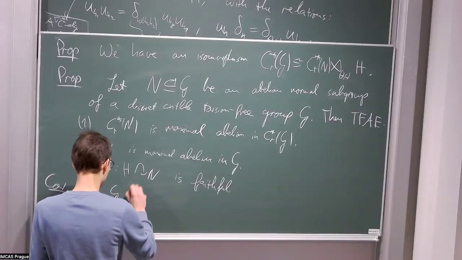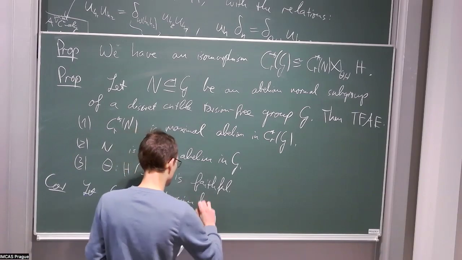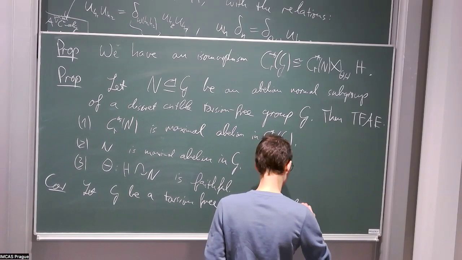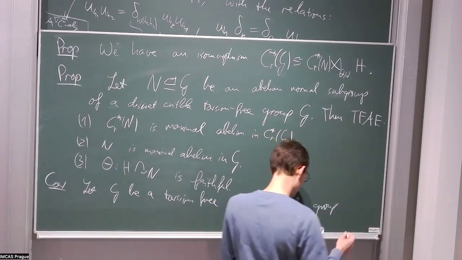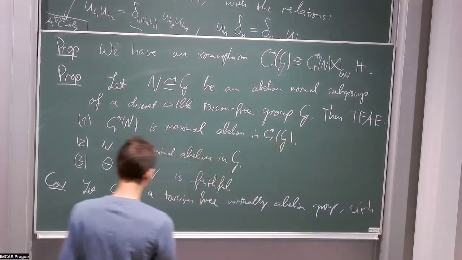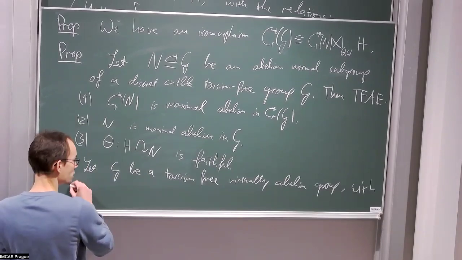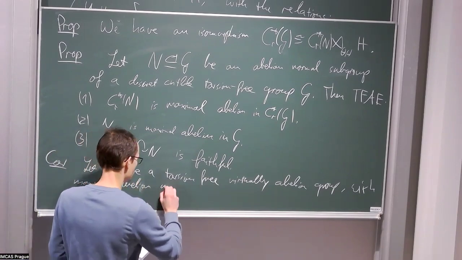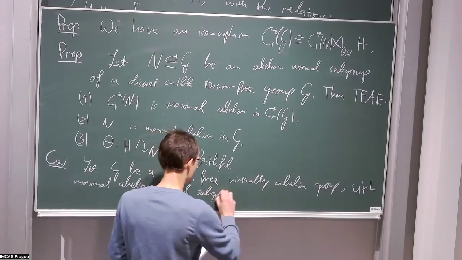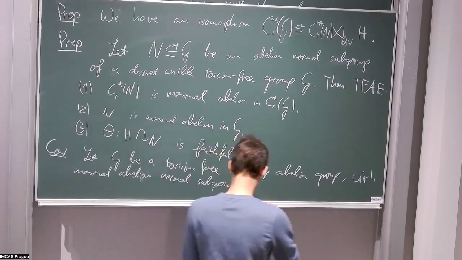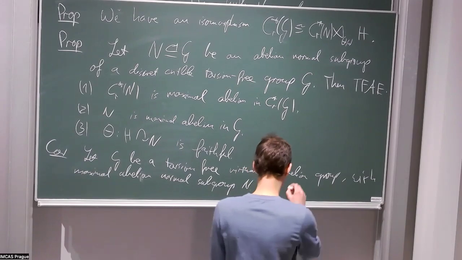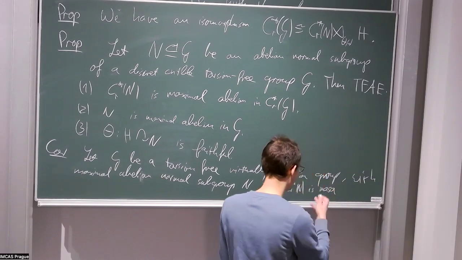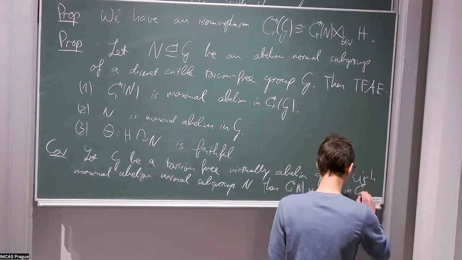Let G be a torsion-free virtually abelian group, again countable and discrete, and we know that there exists a maximal abelian normal subgroup N. Then C-star reduced of N is maximal abelian, and I'm just going to write MASA, so it's a maximal abelian subalgebra in C-star reduced of G.